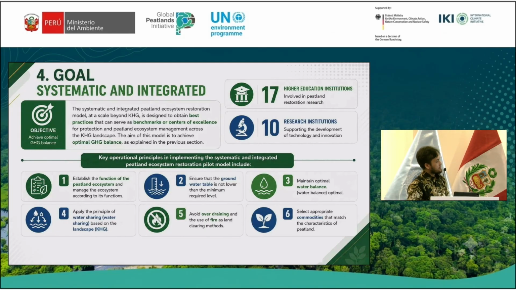Then, second, ensure that the groundwater table is not lower than the minimum required level. Then, third, maintain the optimal water balance for water sharing based on the landscape, the KHG map I mentioned before. Fifth, avoid overdraining and the use of fire as a land clearing method. And the last, select appropriate commodities that match the characteristics of peatlands. Then, that's all from us. Gracias.